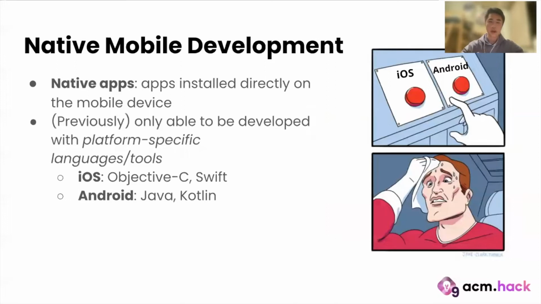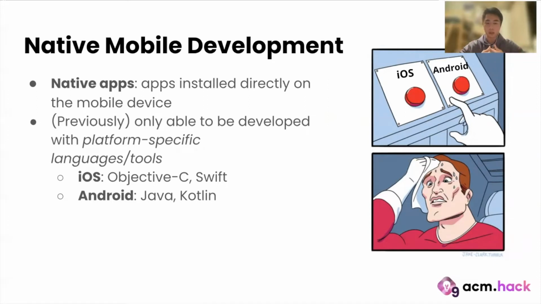So there's a couple kinds of mobile development. The first one is native mobile development. Native apps are apps that are directly installed on our mobile devices. So what does this mean? Well, for iOS, for example, if you wanted to make an app for an iPhone, you might need to write that app in some languages called Swift or Objective-C.